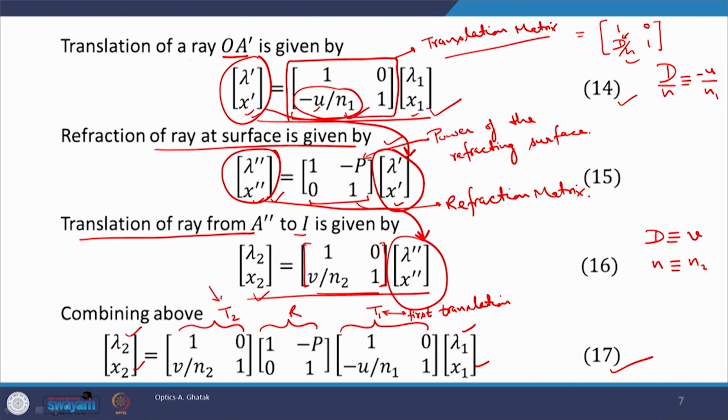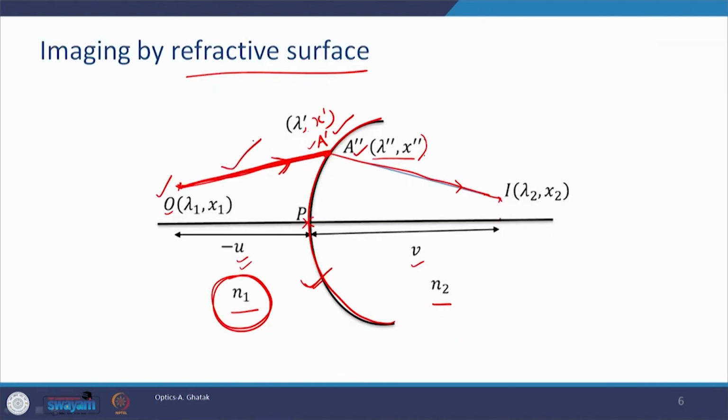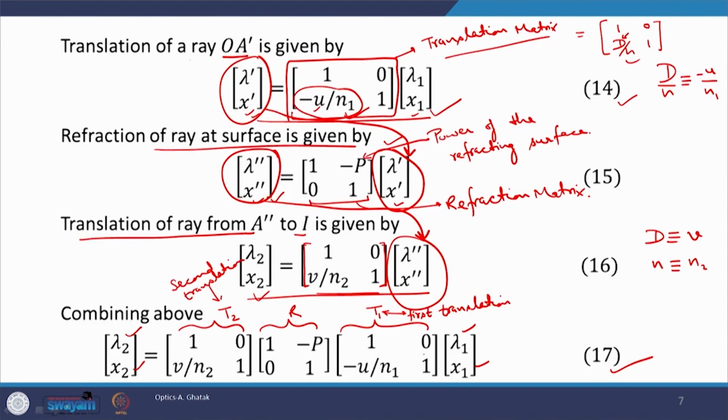This is for the second translation. Okay. What are first and second translation? This is your first translation, then refraction here, and this is your second translation. The same things are represented here in the matrix form.